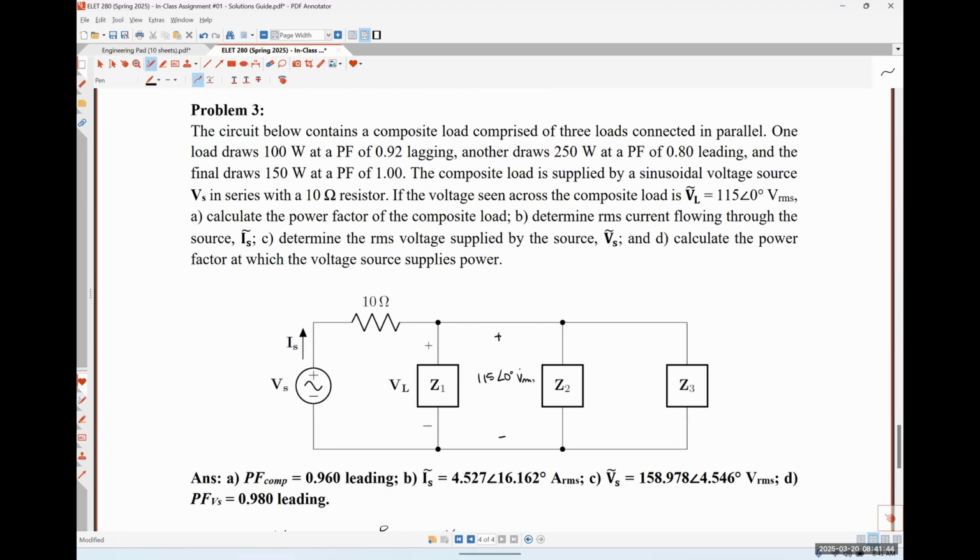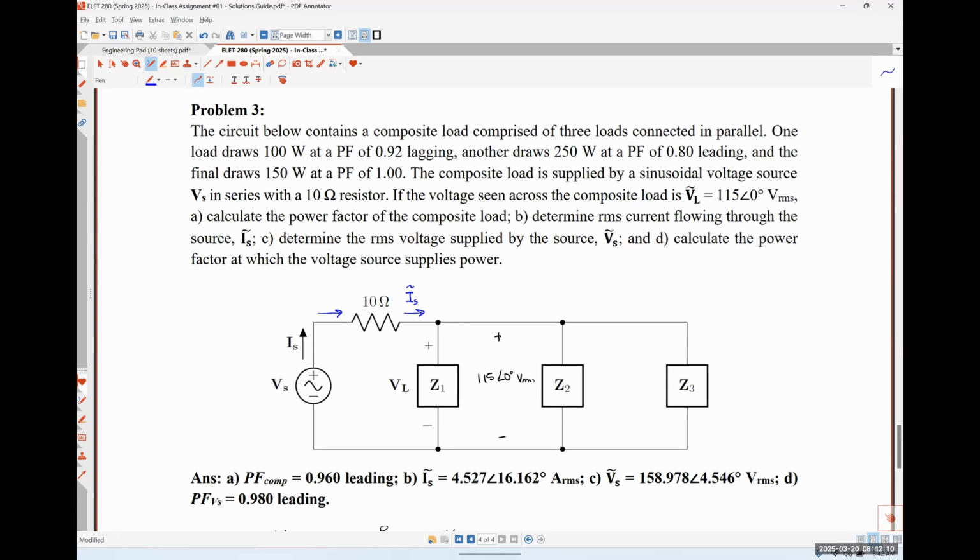If we look at this picture that's representing our system, our current IS all of it flows through that 10 ohm resistor, and then all of it is going to flow to this node point before it's going to divide up among those three loads that form our composite load.